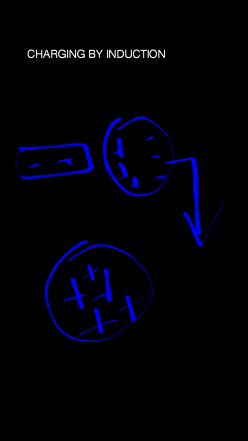The important result is that the conductor gets a charge opposite to the inducing object. The rod was negatively charged, but after the sphere has been charged, it's positive. And no electrons move from the inducing rod itself, because there was no contact.